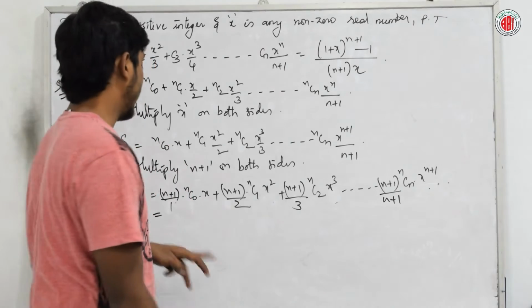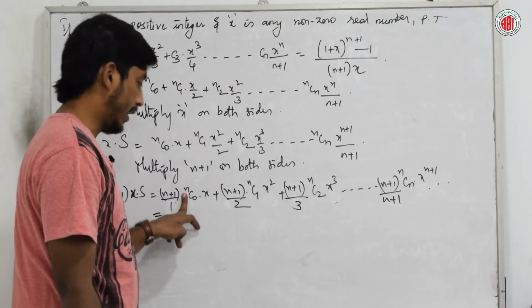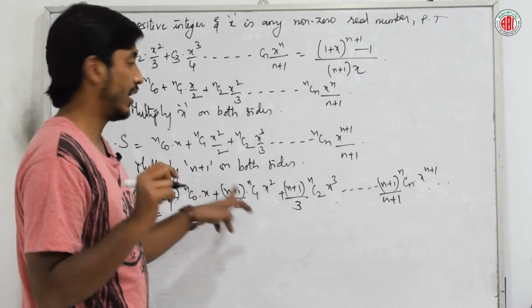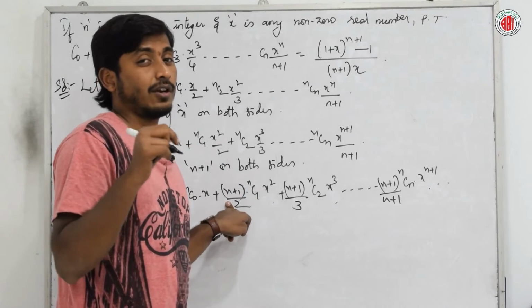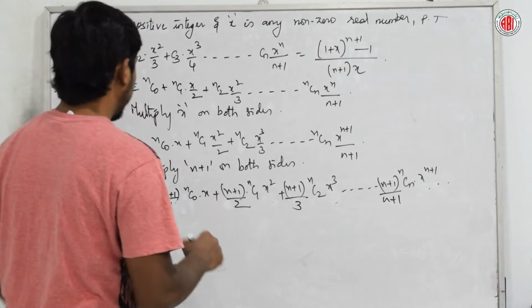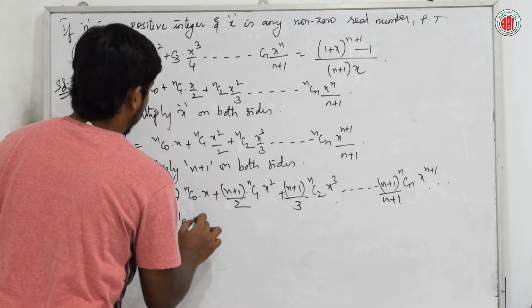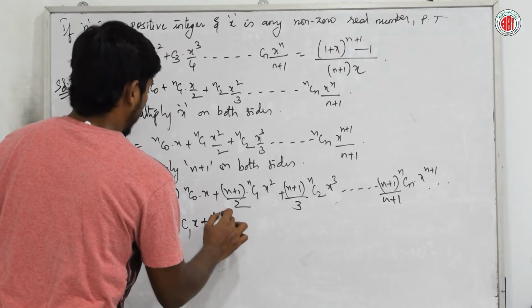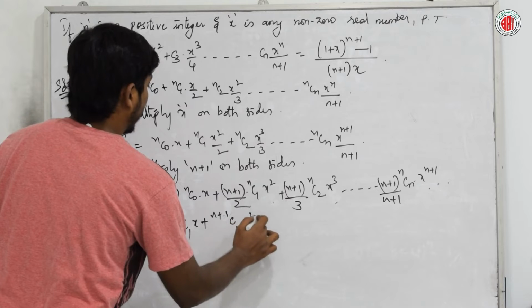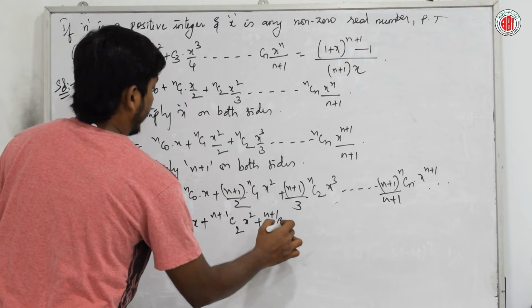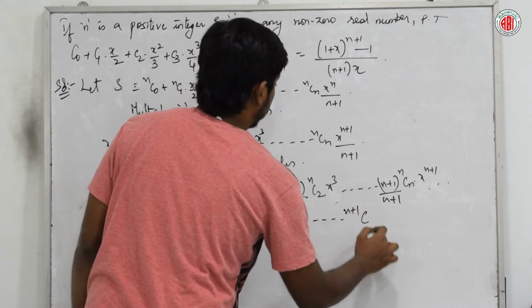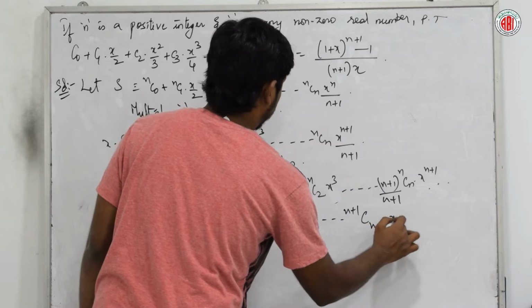So n plus 1 into nC0 is nothing but n plus 1 factorial by n plus 1 minus n, which is 1 factorial. Here also, n plus 1 into n factorial by n minus 1 into 1 factorial. So if you observe, this will be n plus 1 C1 into x plus n plus 1 C2 x square plus n plus 1 C3 x cube and so on up to n plus 1 Cn plus 1 x power n plus 1.